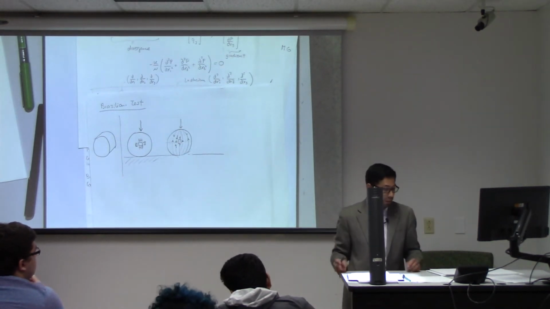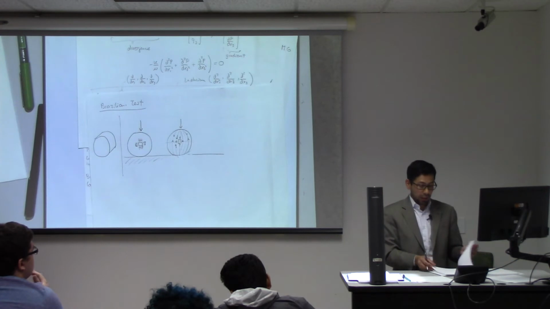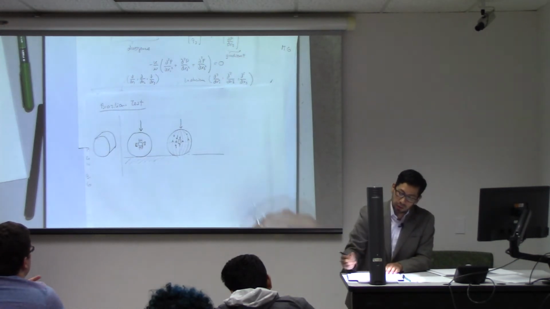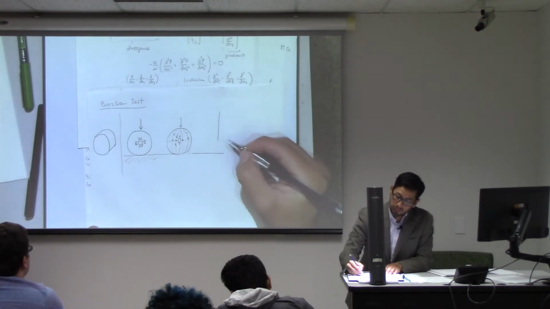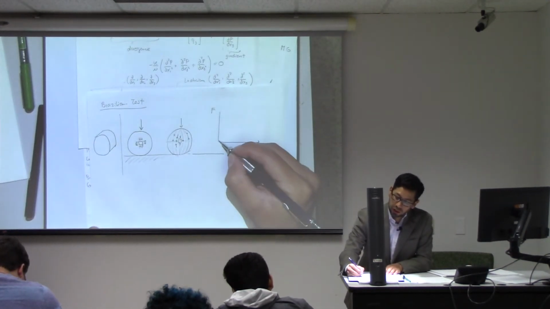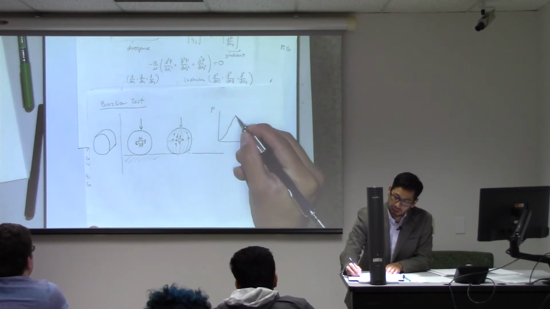So when you do this test, simply what you're going to have to do is to measure the maximum force as a function of time at which the rock breaks. You're going to see this looks something like this.